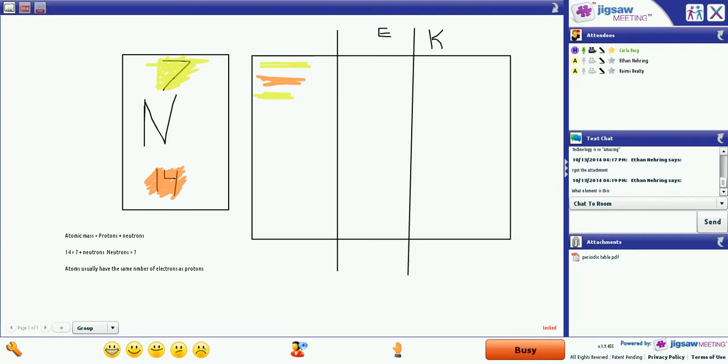All right, so we are going to go ahead and try this again, and we're going to see if we can get this. We are going to have the atomic number. I'm going to put a new symbol up here. Atomic mass, the protons, neutrons, and electrons.